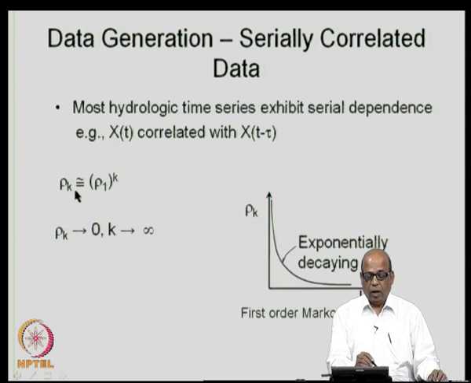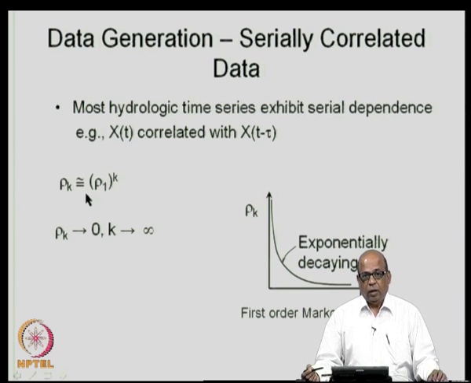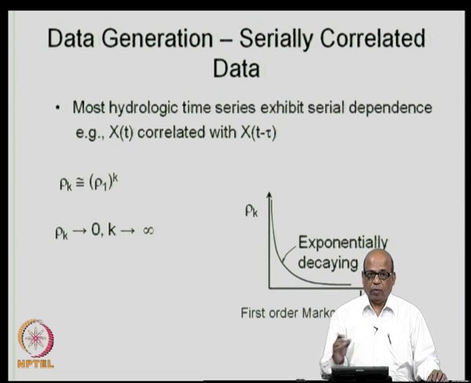In fact, any correlation at any lag can be obtained from the correlation of lag 1 itself, following this notation. This also indicates that the memory of the process is short. So, you may have 1 time step memory, 2 time step memory, and so on.